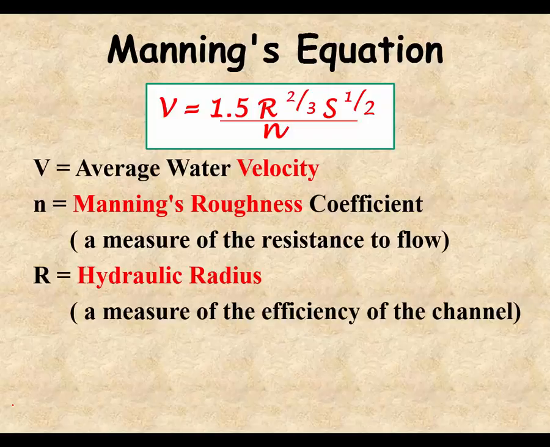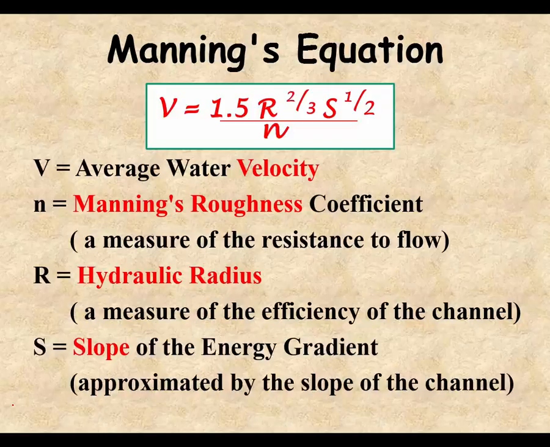Hydraulic radius is a measure of the efficiency of the channel. And again, I'll define that in a moment. The slope of the energy gradient, well, we've looked at that. Remember, the energy line is that line that the energy head, if you like, goes all the way up to, the area above the water surface.